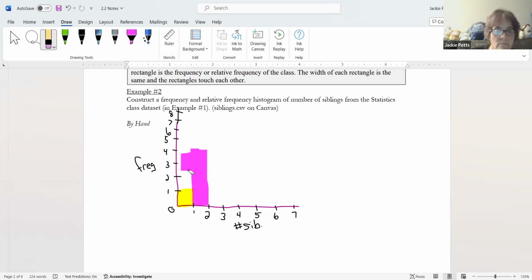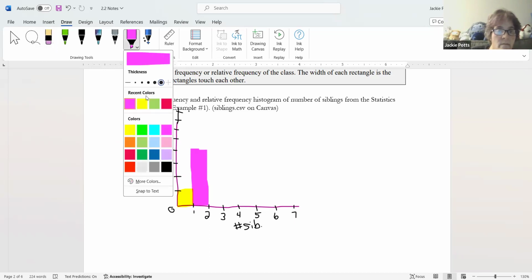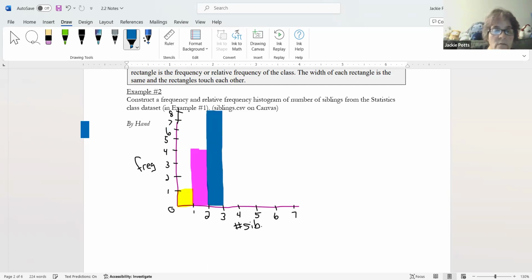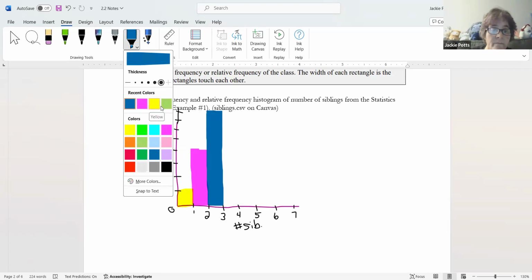All right, 3. 2 has 8. I keep looking at the one we haven't done yet. So from 2 to 3, I color in. You seeing the difference between the bar and the histogram? They're all touching. At 3, we have 3.